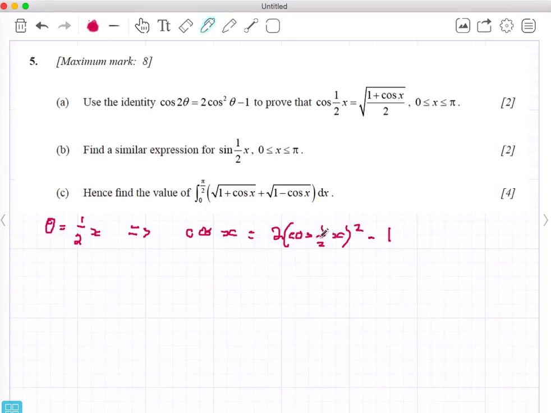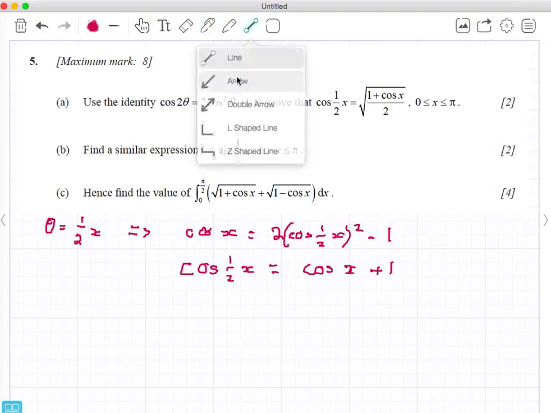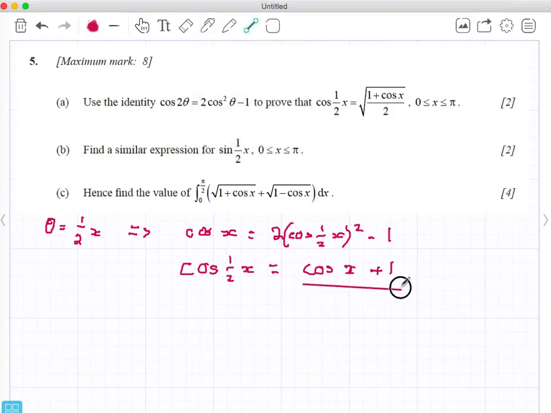Now try to isolate cosine half x, so I need to add 1 to both sides, so cosine a half x is equal to cosine x, add 1, divide both sides by 2, and then this is squared, so I'm now going to square root both sides, and I end up with what I've got up here.